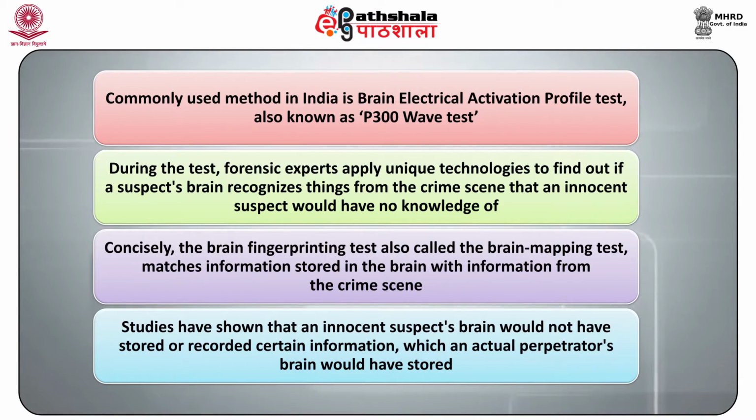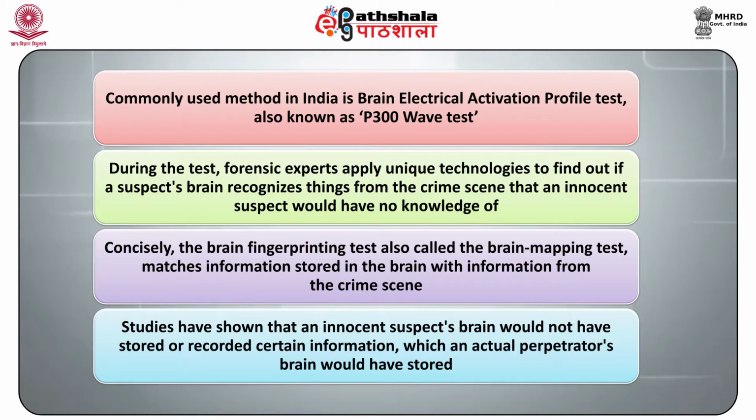The commonly used method in India is called the brain electrical activation profile test, also known as the P300 wave test. During this test, forensic experts apply unique technology to find out if the suspect's brain recognizes things from the crime scene that an innocent suspect would have no knowledge of.